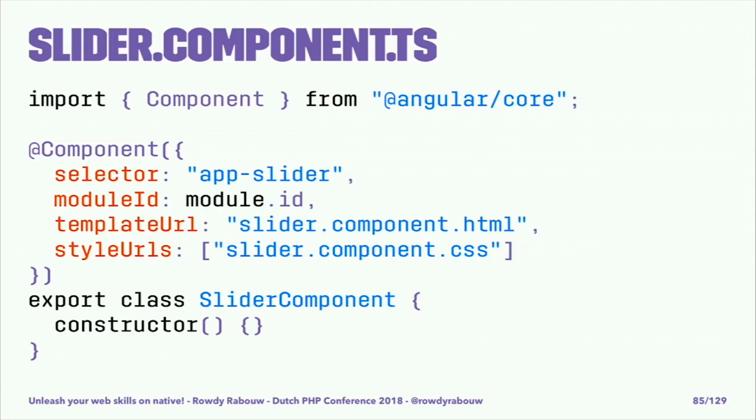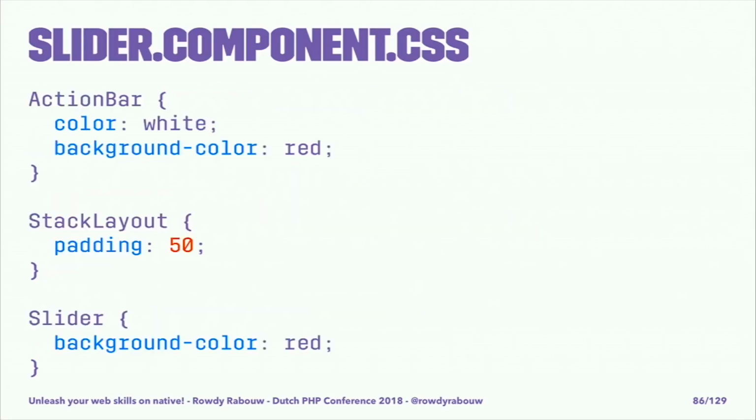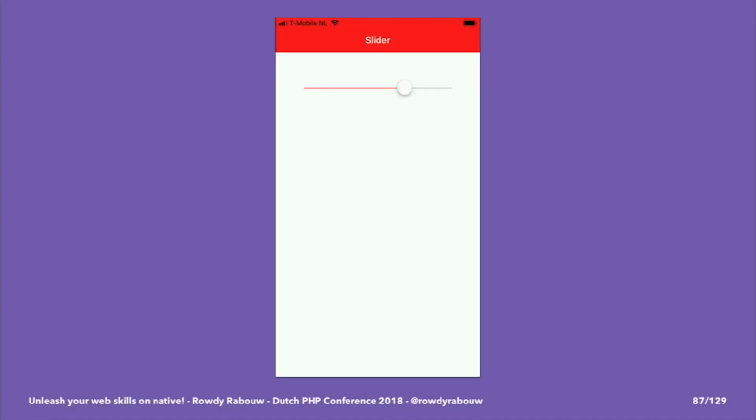That's all. And the CSS file is also very interesting. Have an action bar, which is red with white letters. Have some padding, just so it doesn't go to the sides too much, and I have a background color of red on the slider. And you get this marvelous slider.